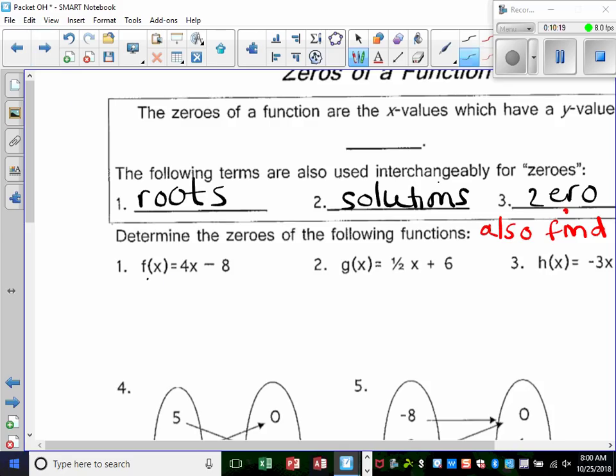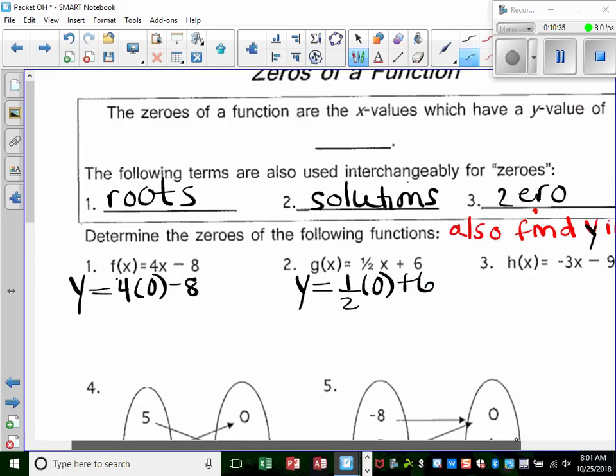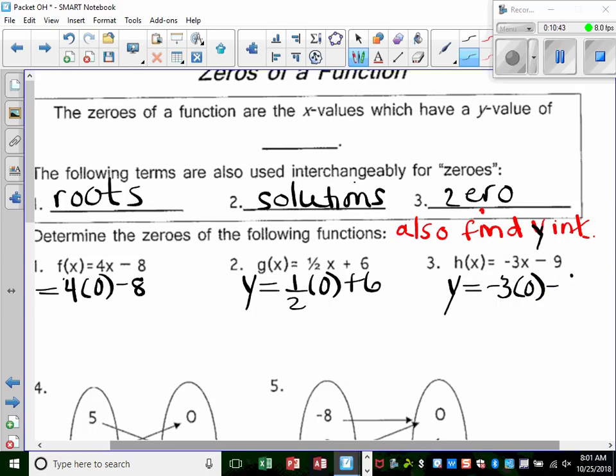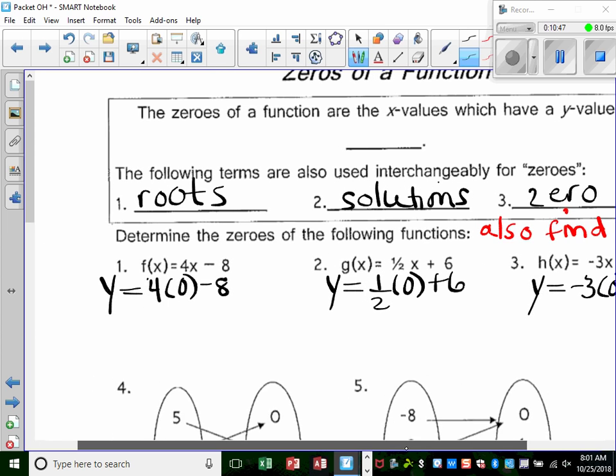Okay, so remember this is y equals, so I'm going to say 4 times 0, because now we're replacing x with 0.